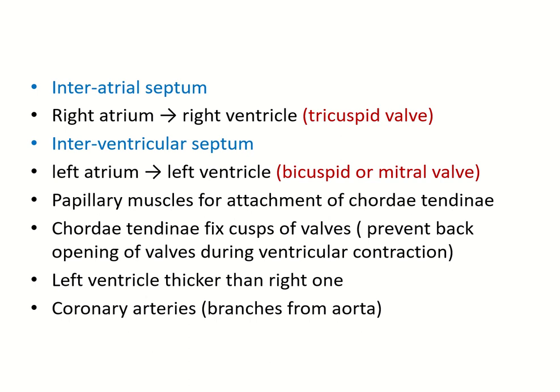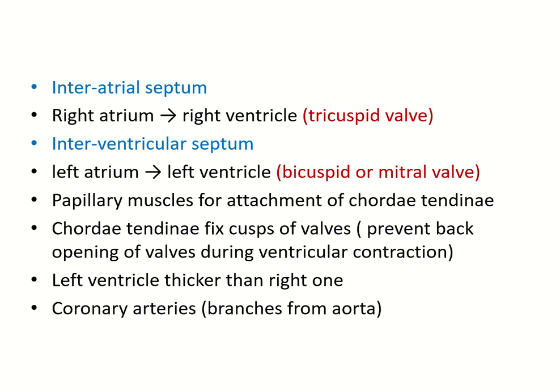Well, always the left ventricle wall is thicker than the right one. Why? Because the left ventricle has to push the blood with a very powerful force to all the parts of the body, while the right ventricle has to push the blood only to the lungs.